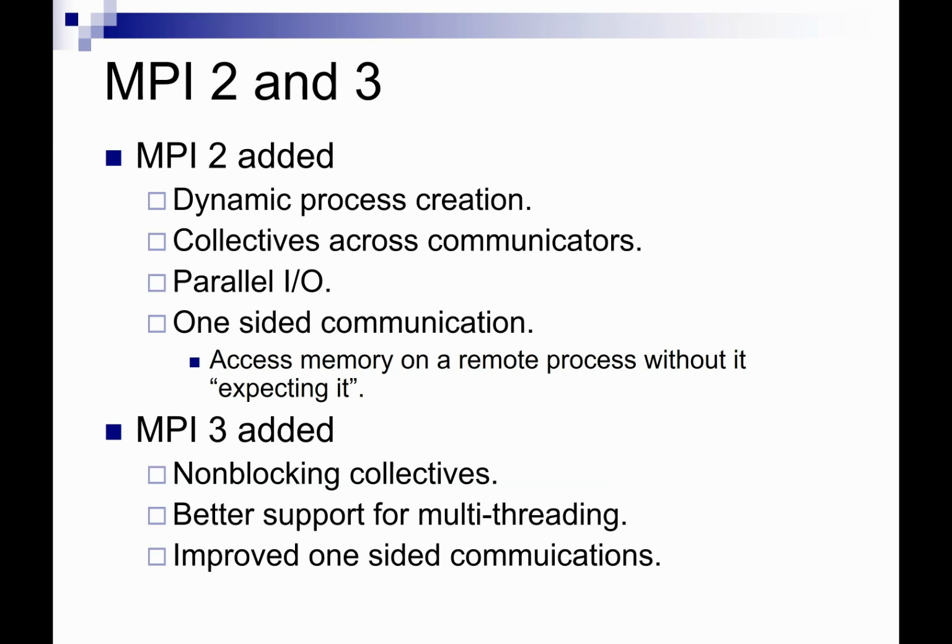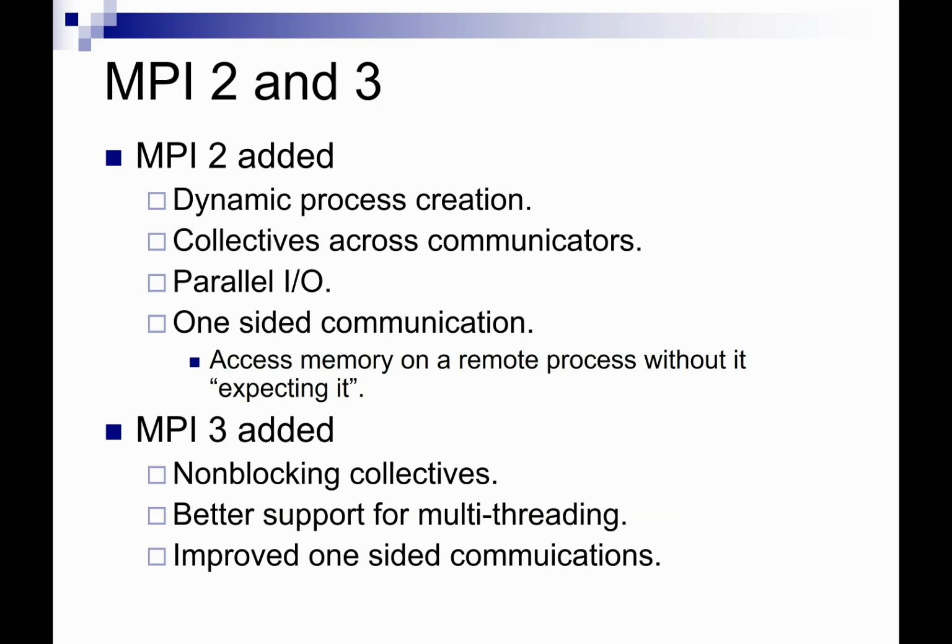Remember that initially I said that with MPI, as soon as you start the program, you have to start all of your processes. MPI 2 actually allows you to start new processes during the execution of your program. It also lets you do collectives across different communicators. In MPI 1, I think you can only do collectives within each communicator. MPI 2 also improved input-output. So if you need to read from disk, you can now do that in parallel.